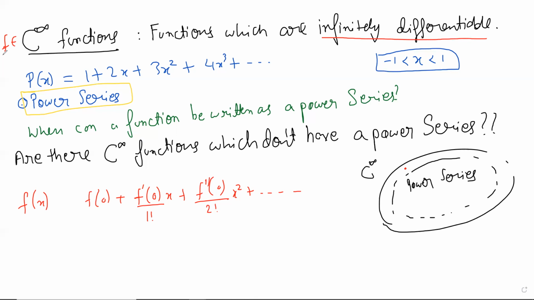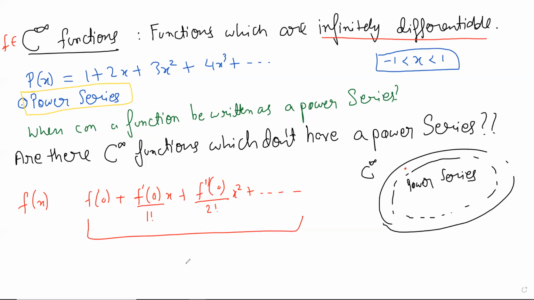There's no guarantee. When you expand it at x equal to 0, they will obviously match because that's how you have made them. The derivative at x equal to 0 will match, the second derivative at x equal to 0 will match, and so on.